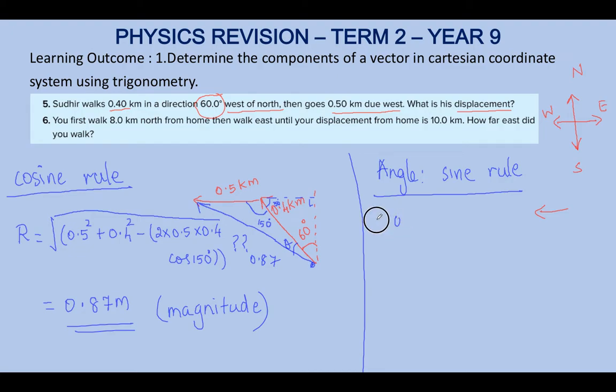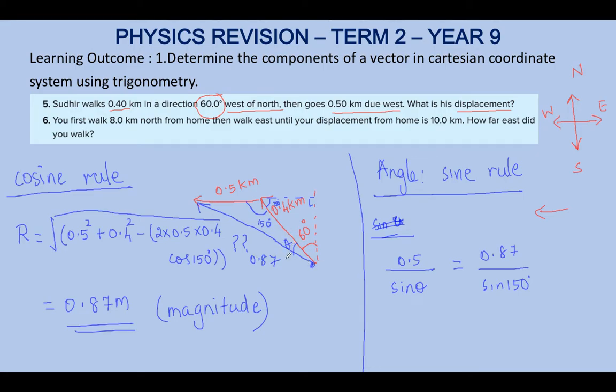So 0.5 upon sine theta equals 0.87 upon sine 150. Now why I have chosen these is because I know this angle and its opposite side and I need to find this angle, right?